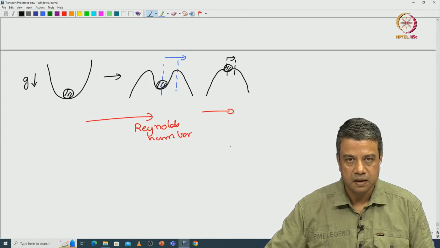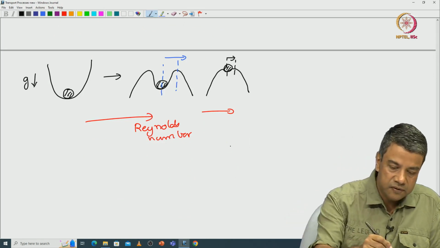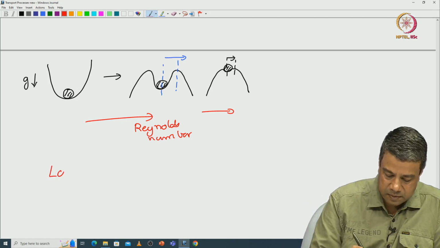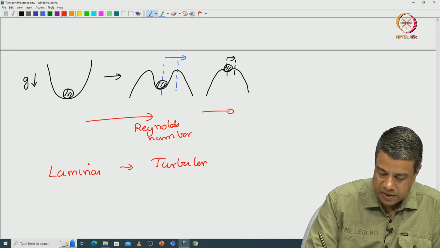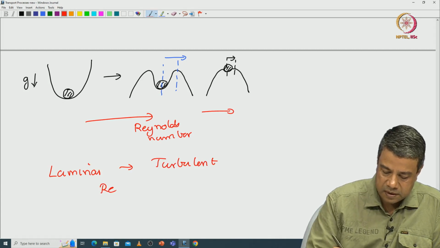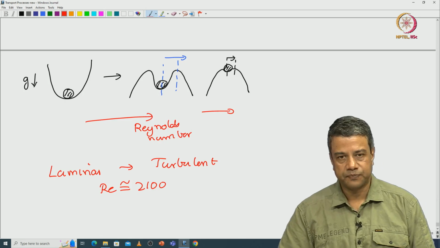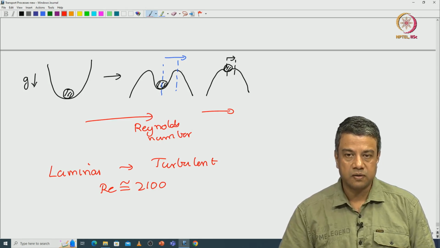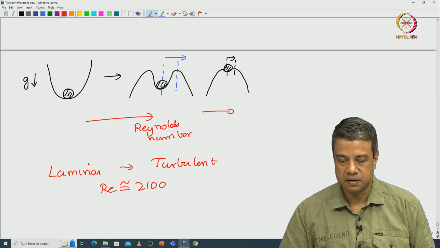And this has experimental confirmation. I said that the transition from laminar to turbulent happens at a Reynolds number, I was careful to say, approximately 2100. However, we can delay the transition by taking care to damp out disturbances, to reduce disturbances in the environment.